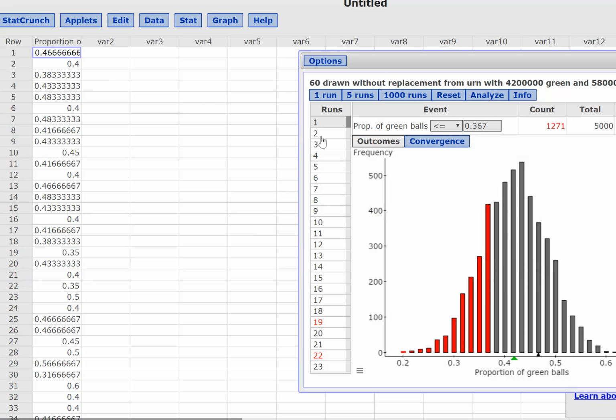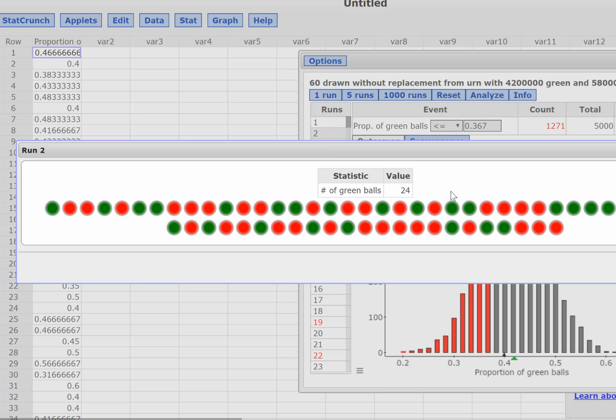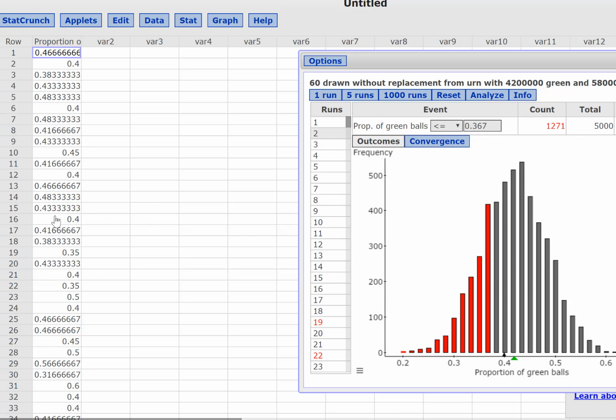If I click Run 2, I got 24 out of 60. Guess what that is? 0.4. See that in the data table for row 2? So this data represents the sample proportions that I got from each of the 5,000 simulations that I did, again going out and surveying 60 voters and saying, are you Republican or not?